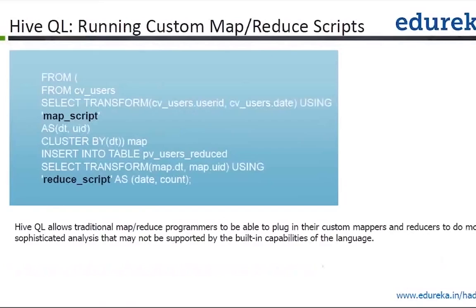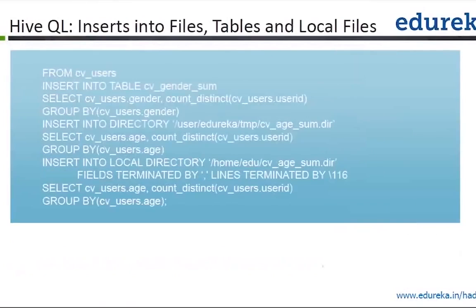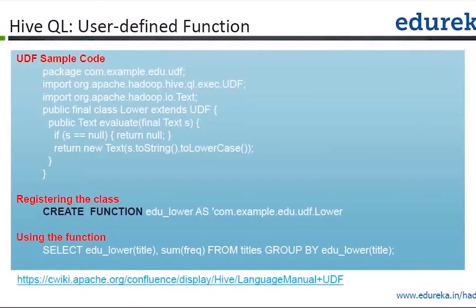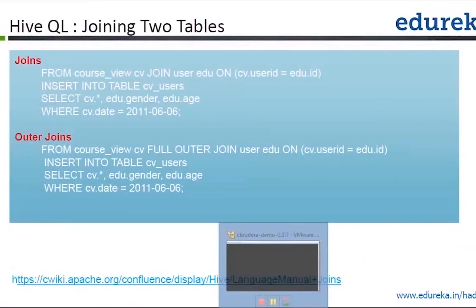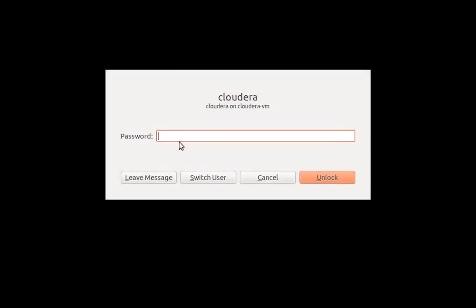I want to show you how to run a custom map reduce and a local file, and a UDF. These two concepts I'm going to show you here. So let me show you the custom map and then the reducer.